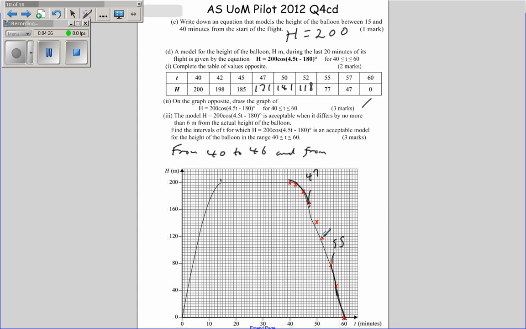If we try and draw that line in there, it probably comes back onto the line at about 52. So from 52 to 60. There's always a reasonable level of leniency given in the mark scheme for these, but I think that's all you need for the last part of the question.